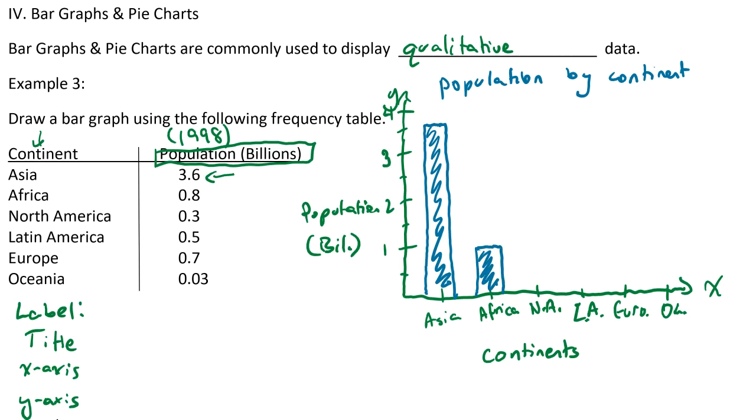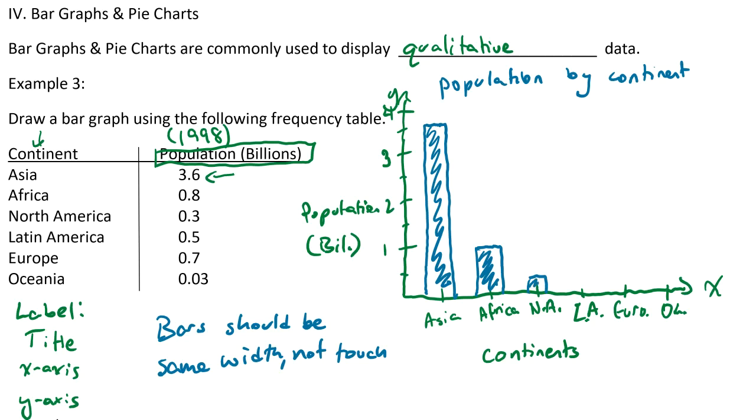Now, just one note about these. All the bars should be the same width and not touch. So, next up, North America. 0.3 would be just under half, so it's going to be a small little one down there.